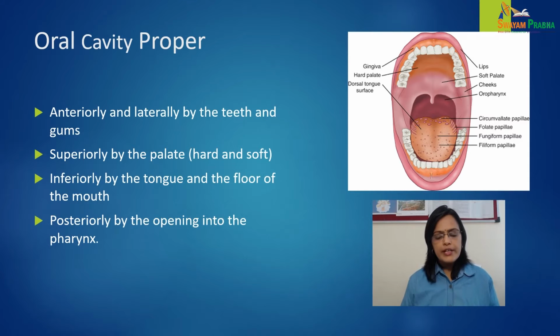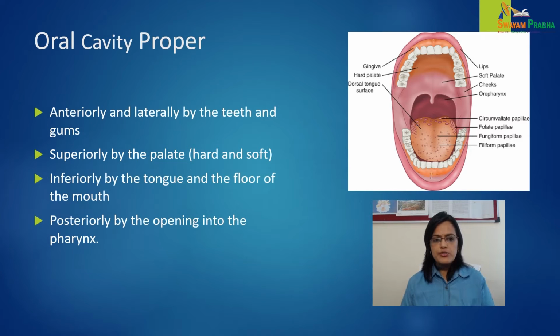Next is the oral cavity proper. Its boundaries include anteriorly and laterally the teeth and gums, superiorly the palate, that is the hard and soft palate, inferiorly the tongue and the floor of the mouth, and posteriorly the opening into the pharynx.